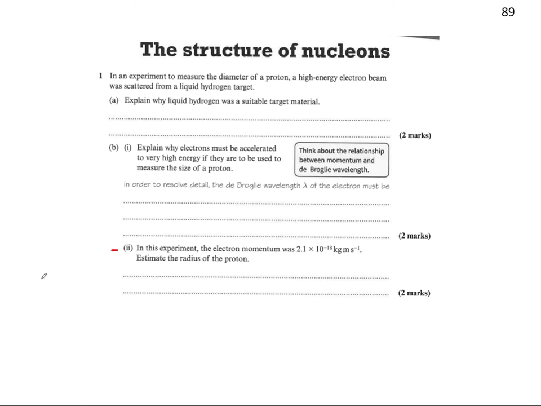Okay, so the de Broglie wavelength is calculated by using lambda equals h over p, which is Planck's constant divided by the momentum. You've been told that the momentum is this here. So you substitute the values for Planck's constant, 6.63 times 10 to the negative 34, which will be given to you in the formula booklet.